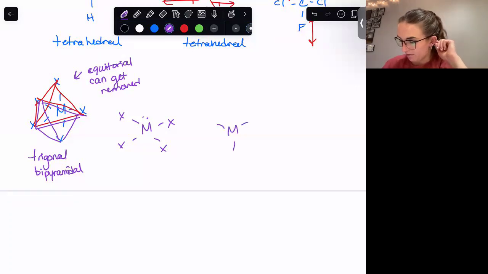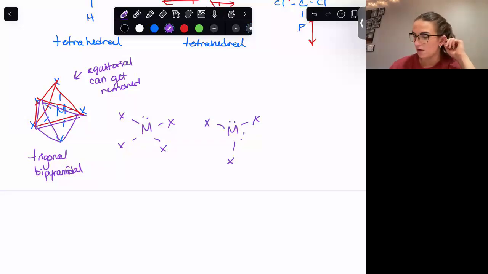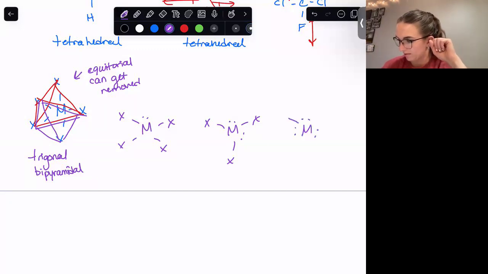Then you can have this one here, with two axial and one equatorial. And then you can have one that has three lone pairs and two bonds. The bonds are now just in the axial position, and this would be a nonpolar molecule because all of your lone pairs are on the equatorial position, and they can cancel out any of the spacing between them.